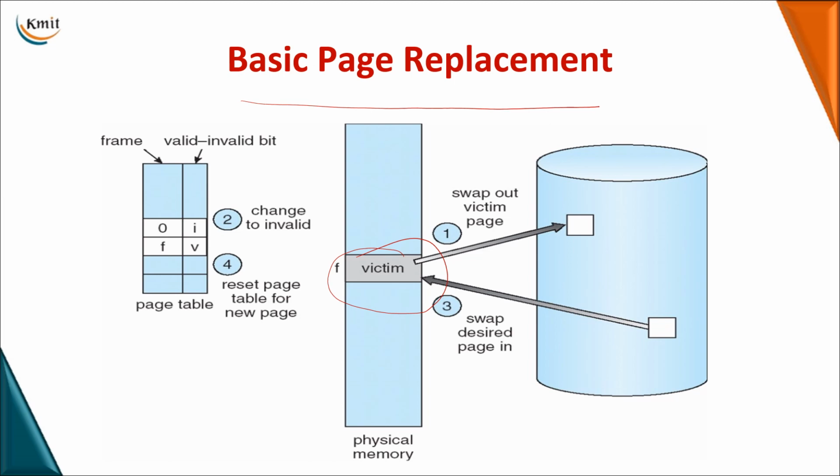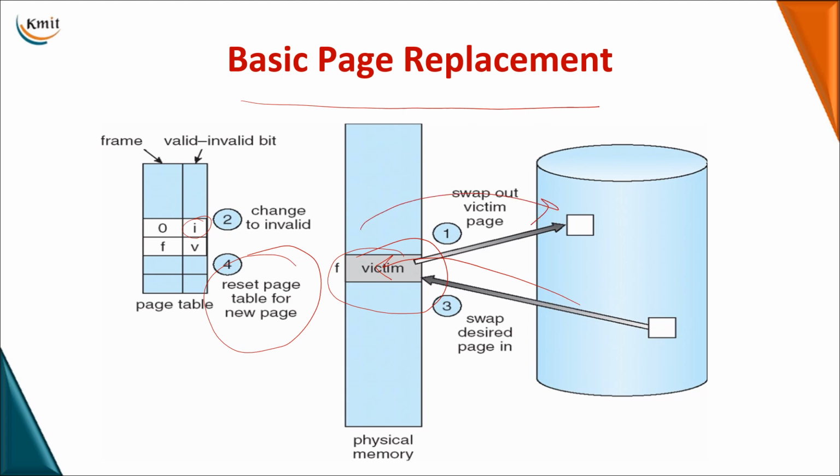First, this particular page from physical memory will be moved into your logical memory, and after it has been moved, the corresponding entry in the page table, which till now was valid, will be made invalid, indicating that it is no longer in the physical memory. Then the page which you want for execution will be brought from secondary memory to your physical memory in place of the page which is being replaced, and you will be resetting the page table accordingly. So these are the 4 steps that are required if you want a page to be moved.